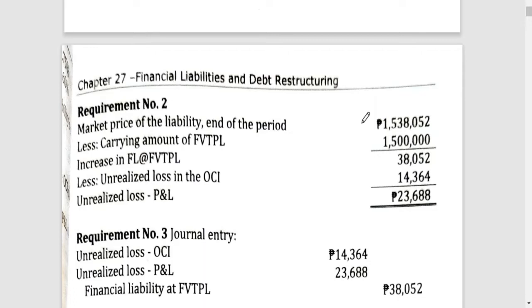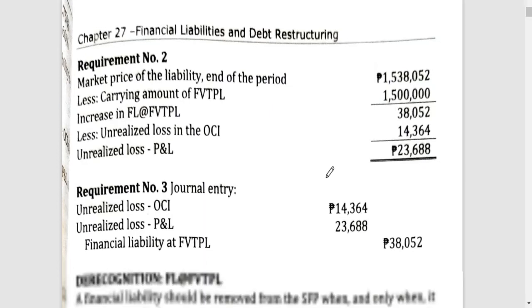So, the increase in the fair value of the financial liability at fair value through profit or loss is 38,052, but we computed earlier the unrealized loss that will be classified in the OCI at 14,364. So, the excess goes to profit or loss.